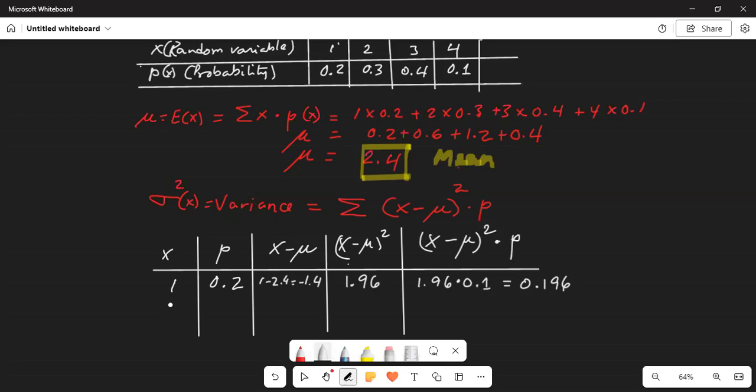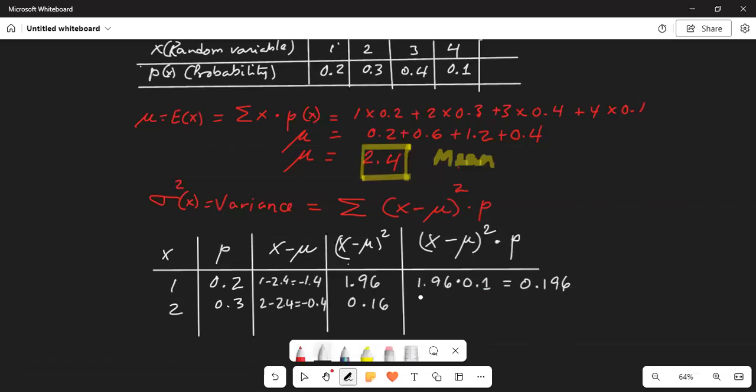So for 2, the corresponding probability is 0.3. 2 minus 2.4 is minus 0.4. You square it, it becomes positive 0.16 because the negative appears twice. So 0.4 squared is 0.16, right?